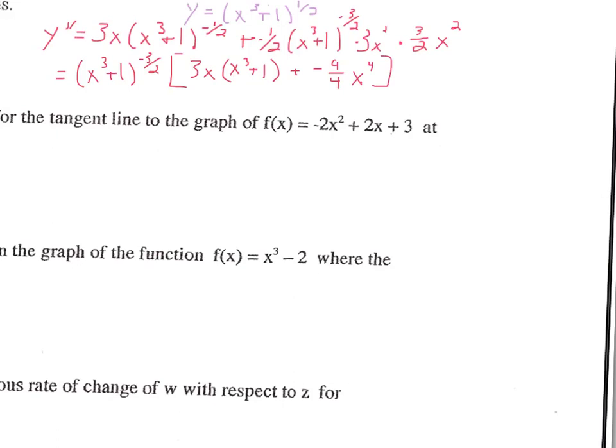And if we like, we can simplify one step further, because I can distribute that 3x to get 3x to the 4th, plus 3x minus 9/4 x to the 4th, which will give me 3/4 x to the 4th plus 3x.